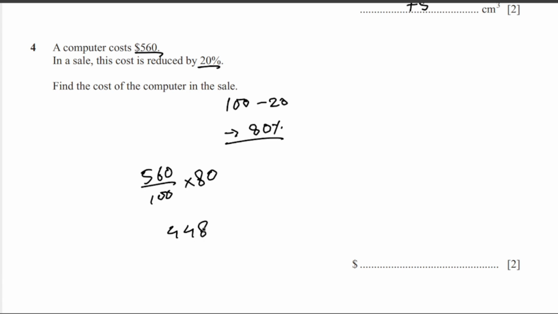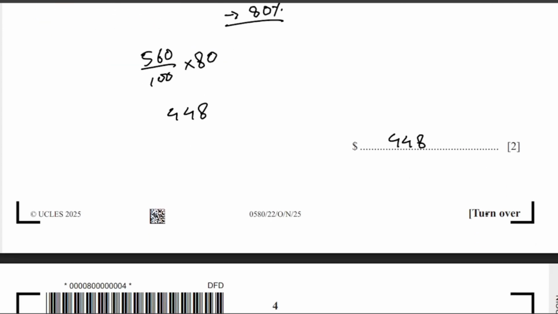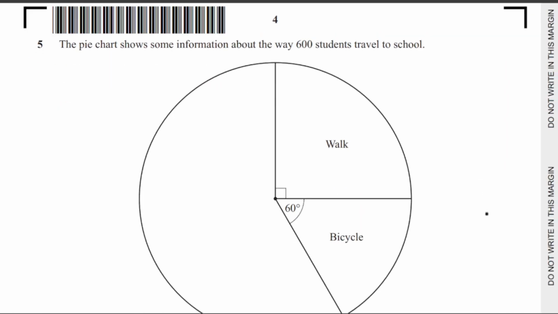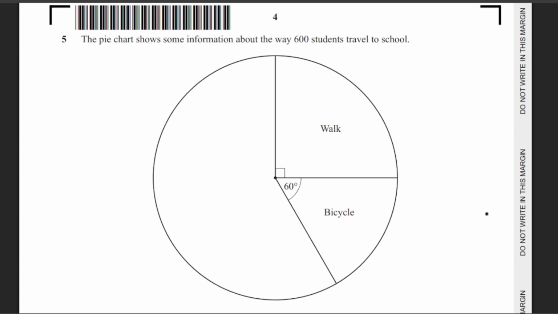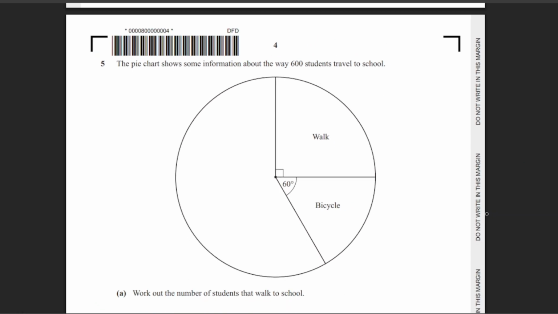Let me double check that. Yep, that is accurate. 448. Don't worry, guys, if you're worried about if this is correct or not, I have the marking scheme open just to double check and make sure I don't give you guys some wrong information.